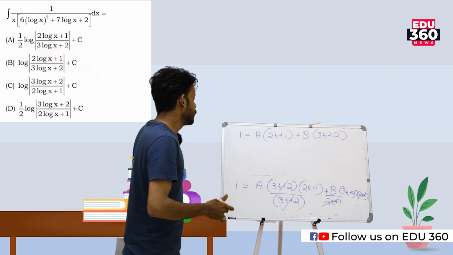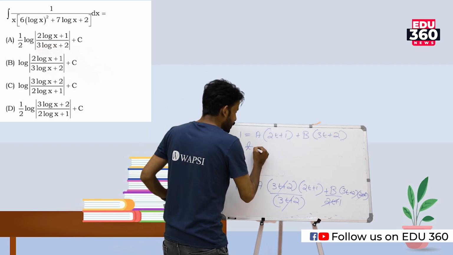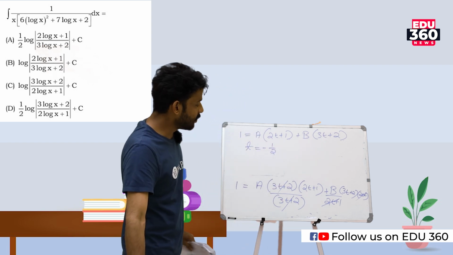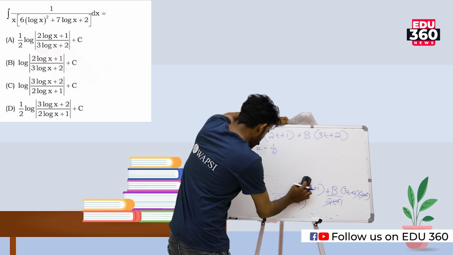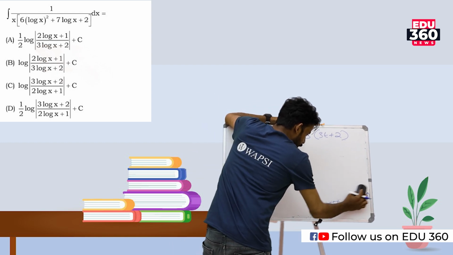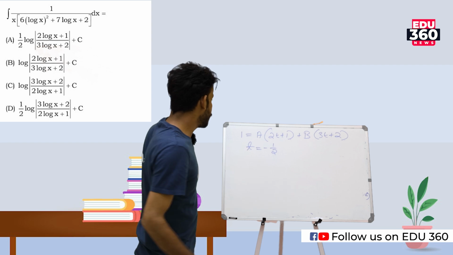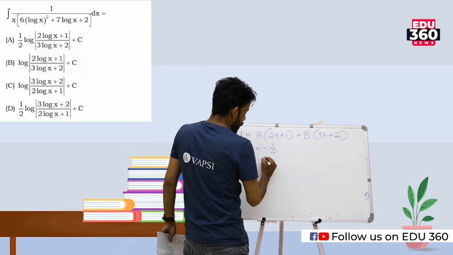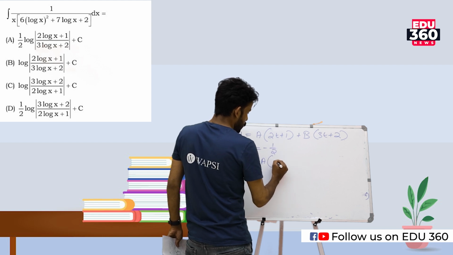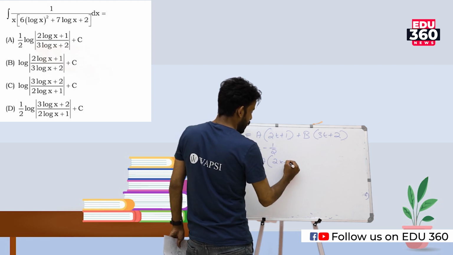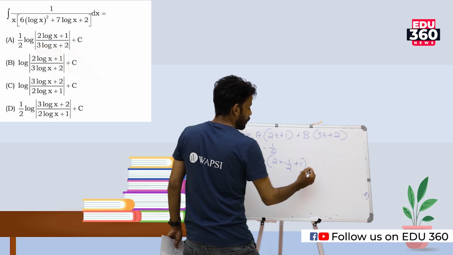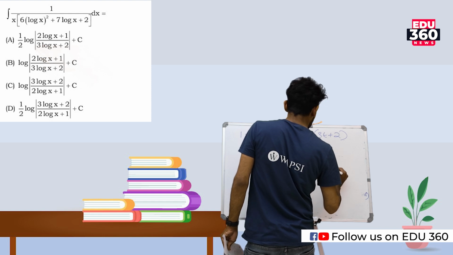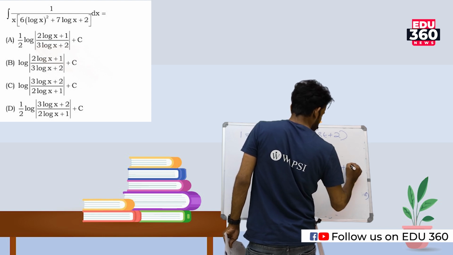So hereafter, just substitute the value of t is equal to minus 1 by 2. We will get 1 is equal to A into (2 into minus 1 by 2 plus 1) plus B into (minus 3 by 2 plus 2).